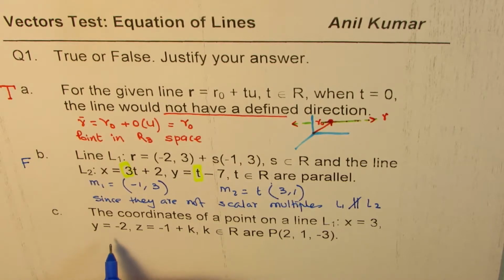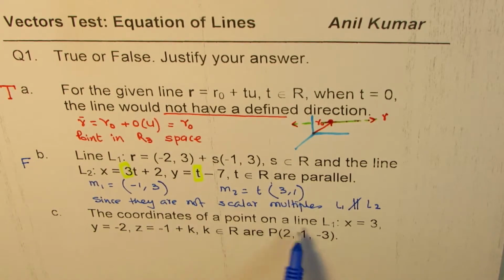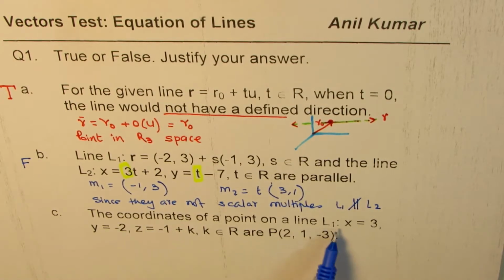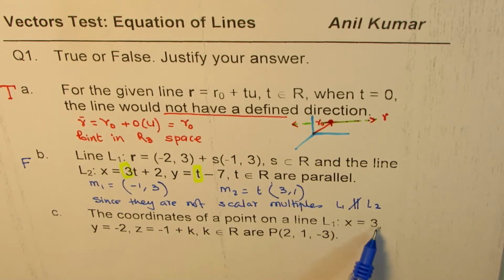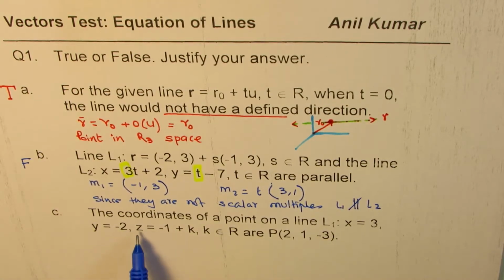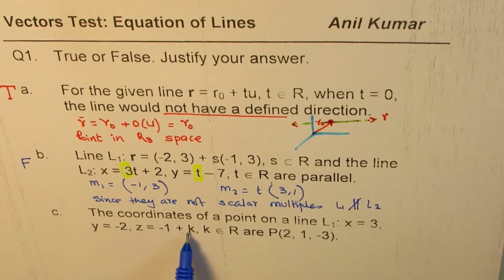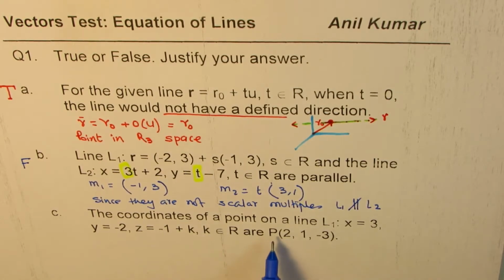The last statement here is the coordinates of a point on this line, x equals 3, y equals -2, z equals -1 plus k, k belongs to real numbers, are (2, 1, -3).